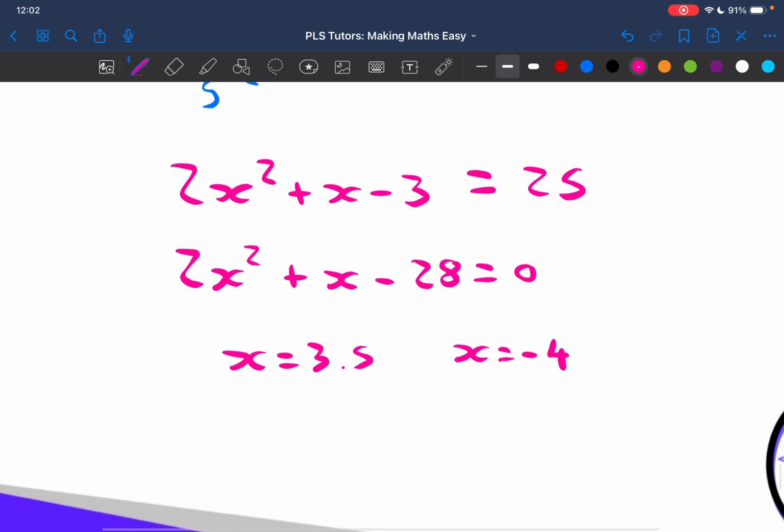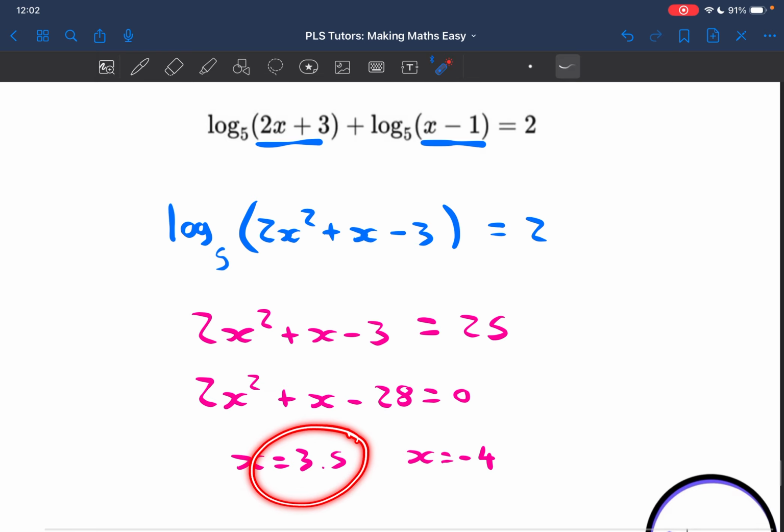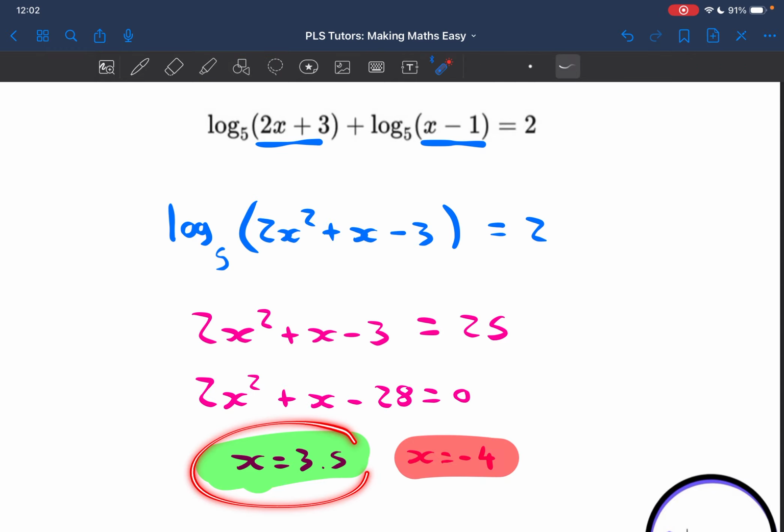But if we look up here, right, 3.5 is valid because that keeps both of the insides of the log positive. So we can keep that one, that's fine. But if we have minus 4 makes the inside of a log negative, which obviously we know we can't have. You can't have the inside of the log being a negative. So we're going to reject x is minus 4, meaning 3.5 is our final solution.